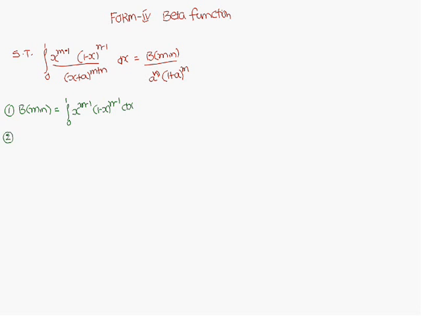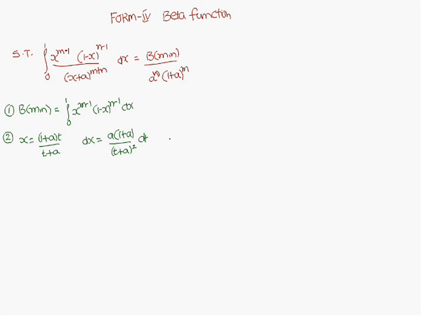In the second step, put x equal to (1+a)t by (t+a). If you do the differentiation, dx is equal to a(1+a) by (t+a) whole square into dt.